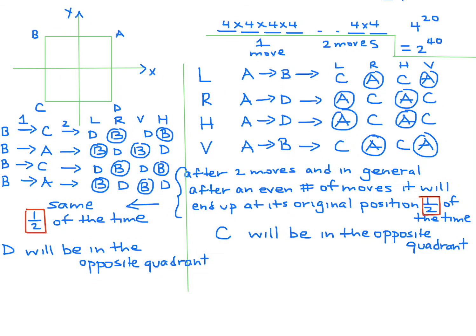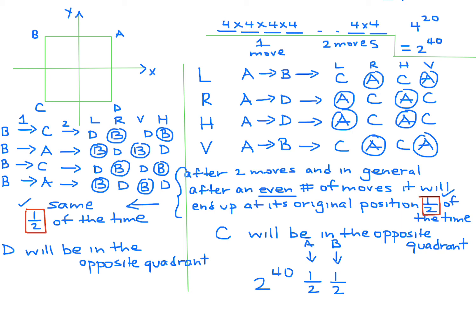Okay, so now what we do is we take our total, which was 2 to the power of 40, and we take into consideration that half and that half, that we have to multiply by a half to bring A back into its original position, and then we have to multiply it by a half again to bring B back into its original position.